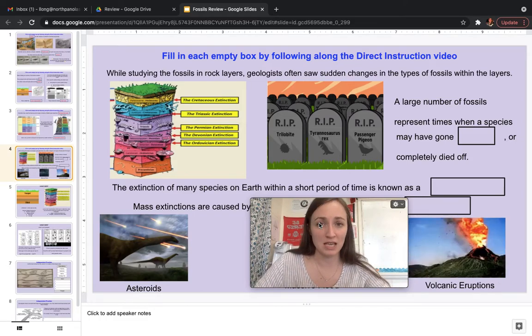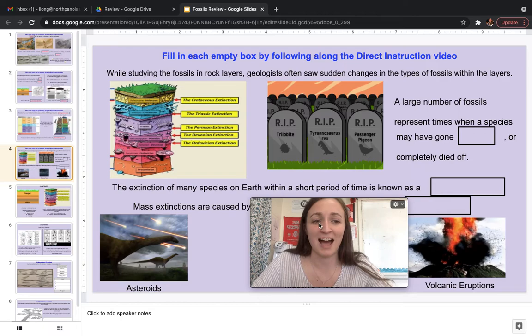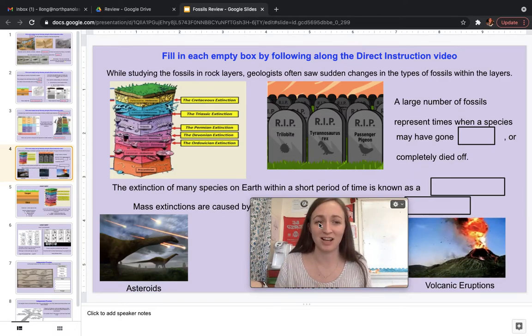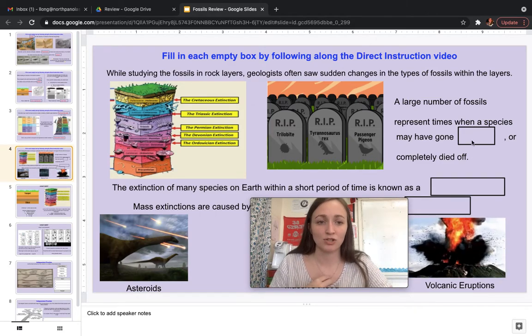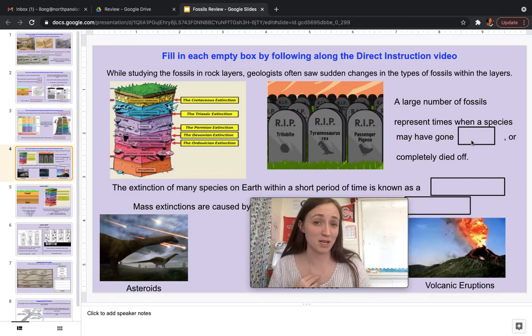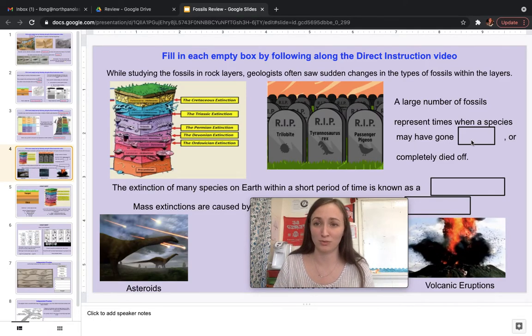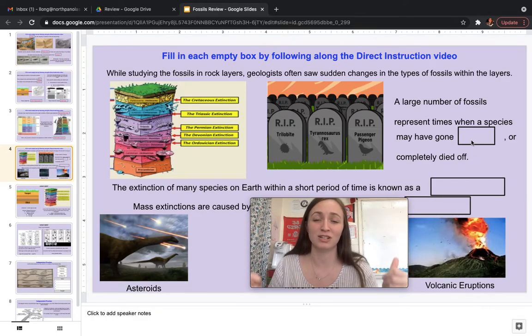Whenever you see an entire species, let's think of the dinosaurs because that's easy, completely die, like they no longer exist on the earth, that is what we call extinction. So we can see when extinctions in the past have happened because we have a large amount of fossils. So think about the dinosaurs.